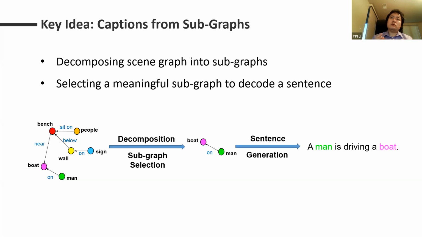So as a first step, we try to train a model to identify the meaningful subgraphs that represent a semantic component within the image. Then we leverage this model to select a small set of subgraphs from a large set of subgraphs and only decode this small set of subgraphs into sentences.